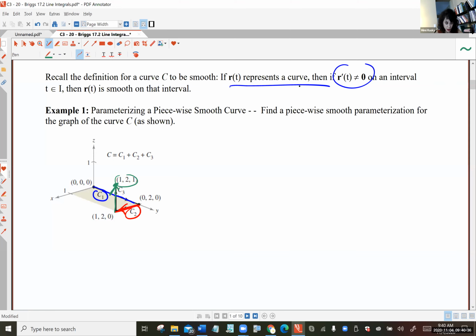When you're parameterizing, I need you to give me not only the vector valued function, but the range of time. If you fail to do both, I'm going to take off a lot of points. So follow my lead. We'll start off easy with C1, in blue. I want an r1(t), and because we're in 3D, I want all three components delimited by commas.